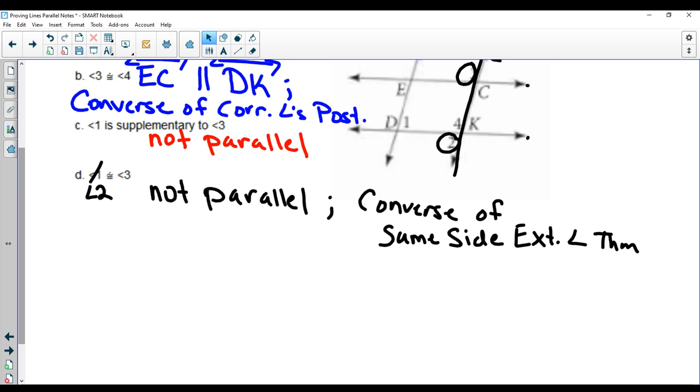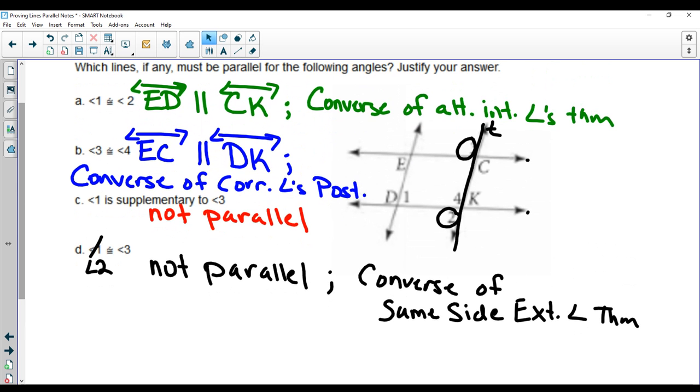Okay? So be aware. Sometimes it might work out like A and B did, and sometimes you can't say they're parallel. It just all depends on what information you're given and what the relationship is of the two angles we're talking about in the picture.